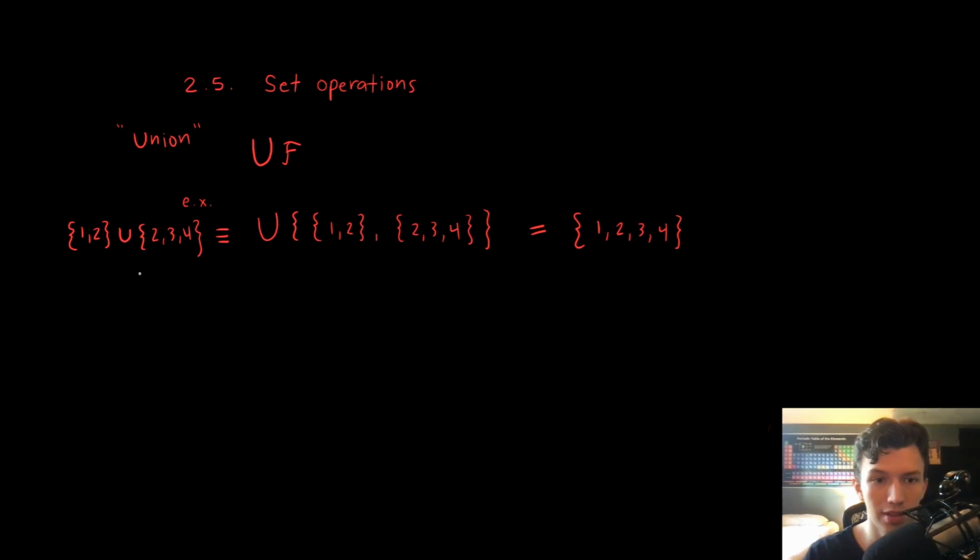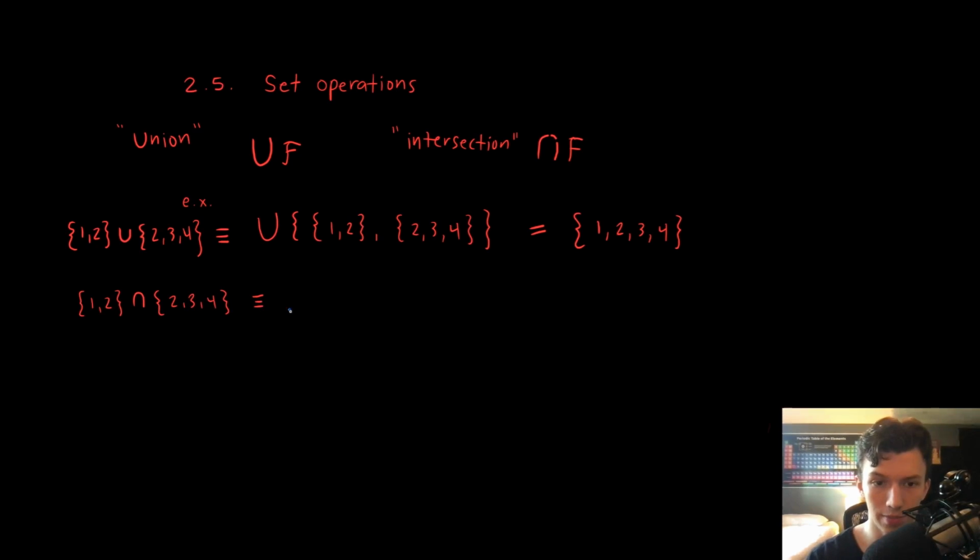The next one is intersection. It's the upside down version of this. It's a cap and then the set that you want to talk about. I'm going to use the same example, but with intersection. {1, 2} intersection {2, 3, 4}.